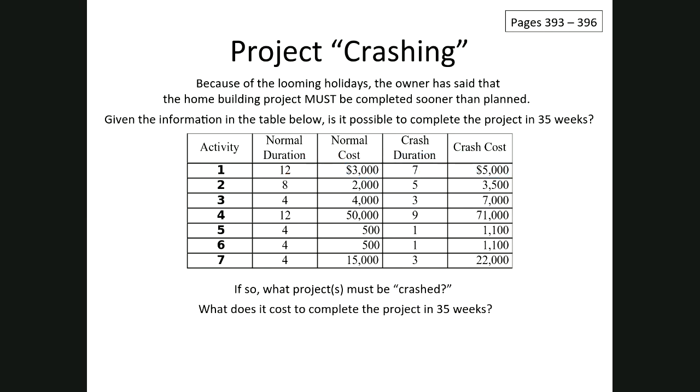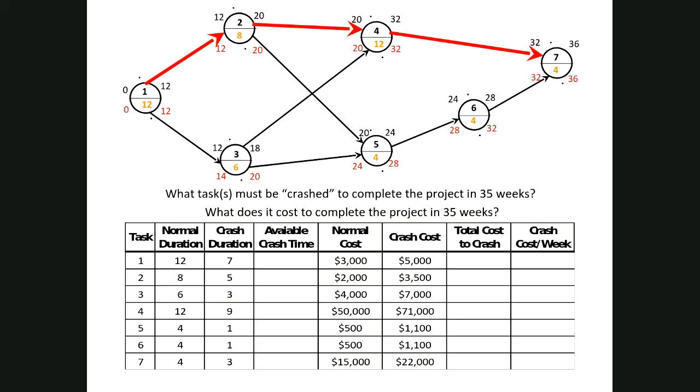So then we're going to use this information to determine whether it's possible to complete the project in 35 weeks rather than 36 weeks. And if so, what does the project cost? Okay. Here's our network where we ended up.